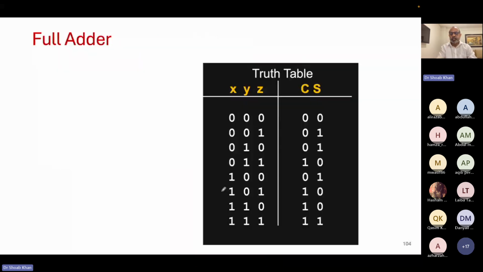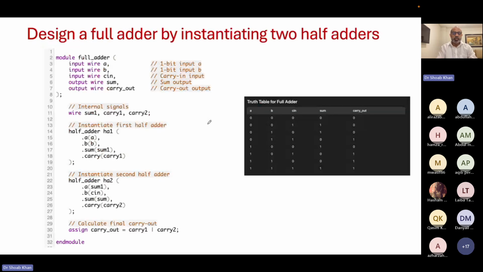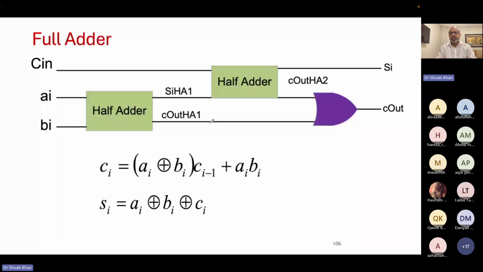If you want to do a full adder, usually we have learned how to make a truth table and then find out the logic for C and S, but no need to do that. You can also instantiate 2 half adders and OR the two carry bits to get the carry. This is sometimes done, but we are never going to get into this level of detail. That's how you connect them together, for sum and carry.